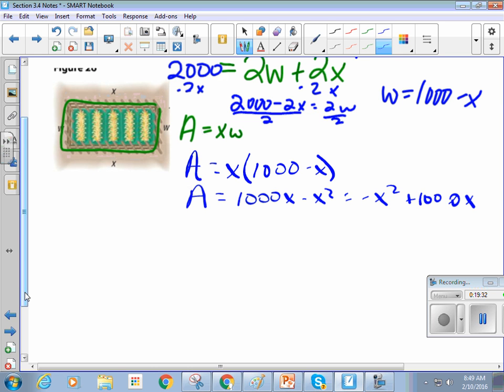So when we find the max formula, we're going to find a maximum value, and it's going to occur at our vertex.